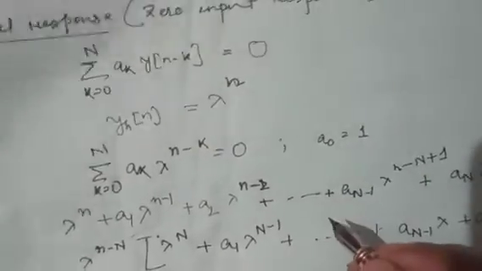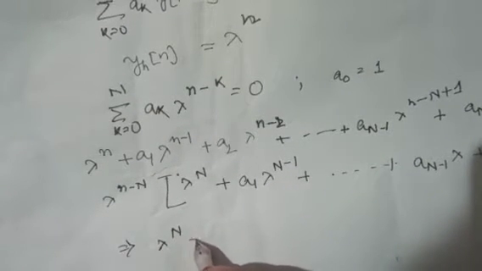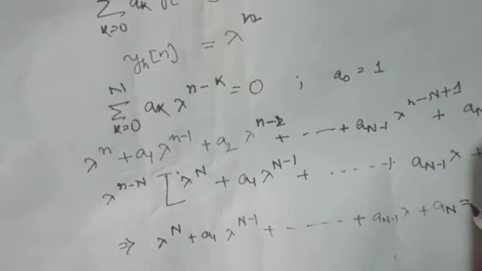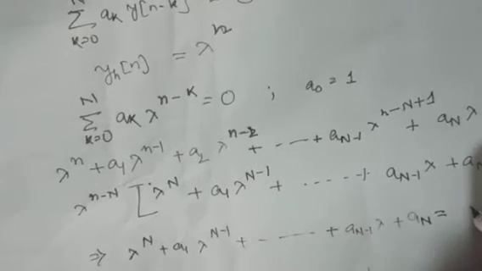So we get lambda^N plus a1 lambda^(N-1) plus ... plus a_{N-1} lambda plus a_N equal to 0.